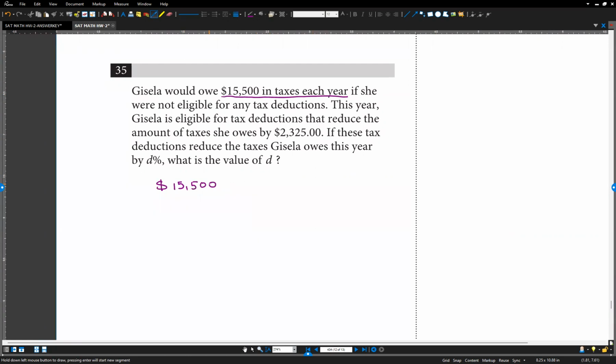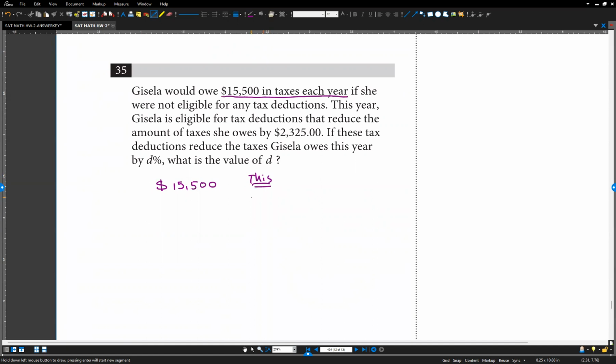If she were not eligible for any tax deductions, there are no deductions, but she has to pay this amount every year. But this year she has some tax deductions that reduce the amount of tax she owes.